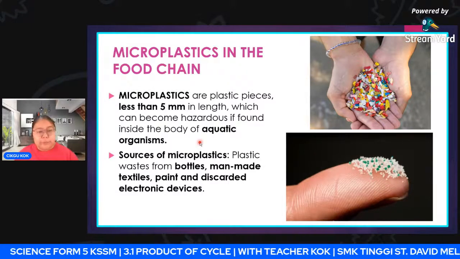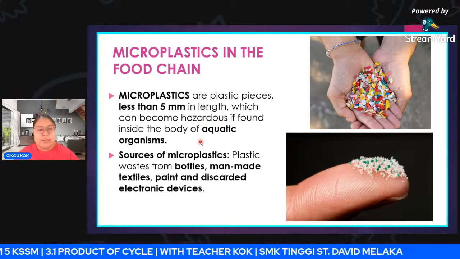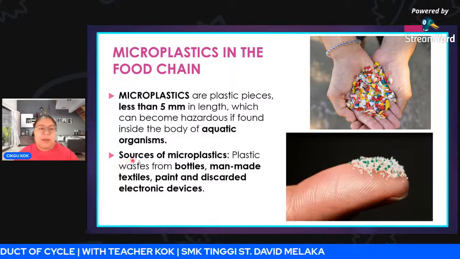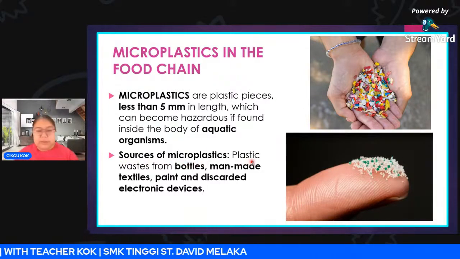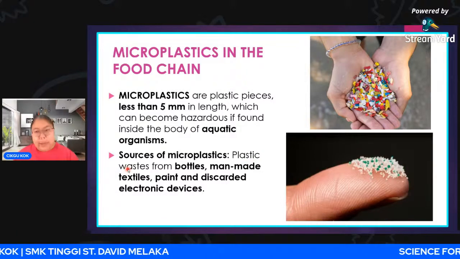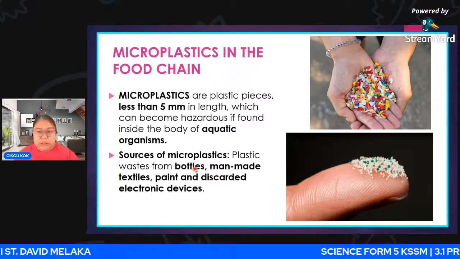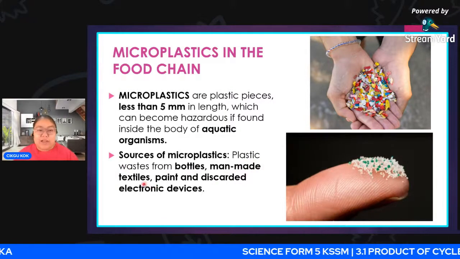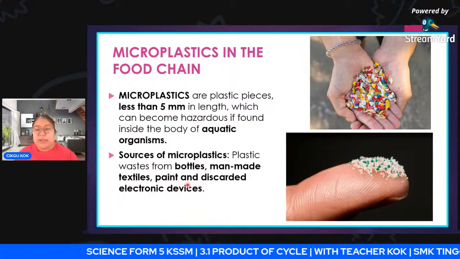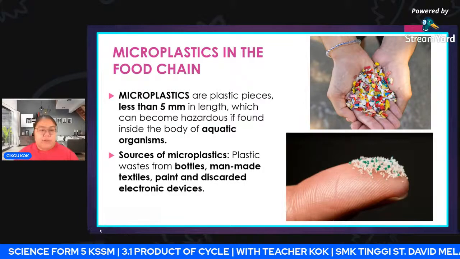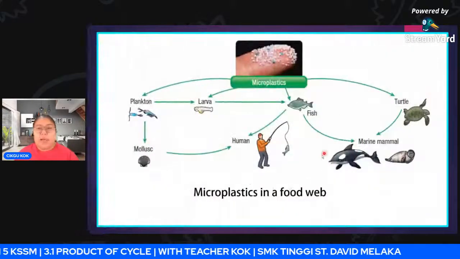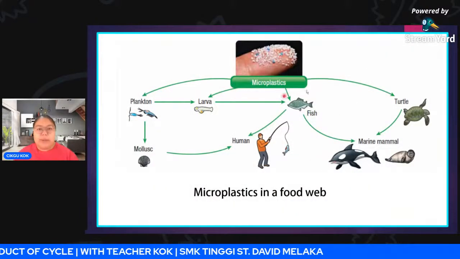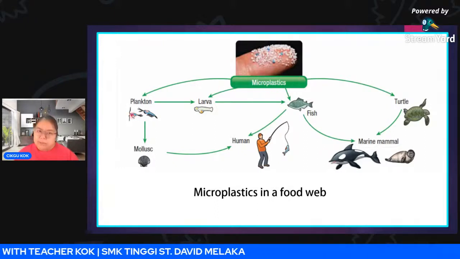Okay, now you see the food web. How will they be affected by all this? The sources of the microplastic, the plastic waste, from where? From the bottle, from man-made textiles. Then there is paint and also discarded electronic devices. After that, we see how they go into our food web. Microplastic will be taken by the plankton.